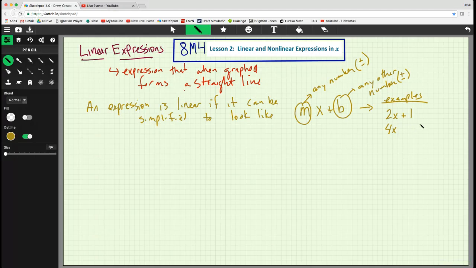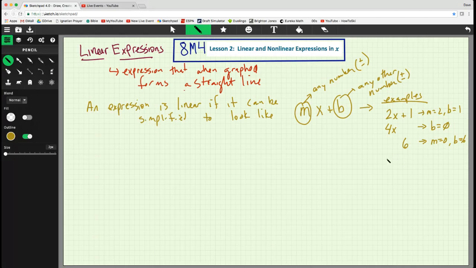This is where b equals 0. And in 2x plus 1, m equals 2 and b equals 1. Here, b equals 0, so 4x does have this form. Also, similarly, 6, because in this case, m equals 0 and b equals 6. So these are just examples of expressions.